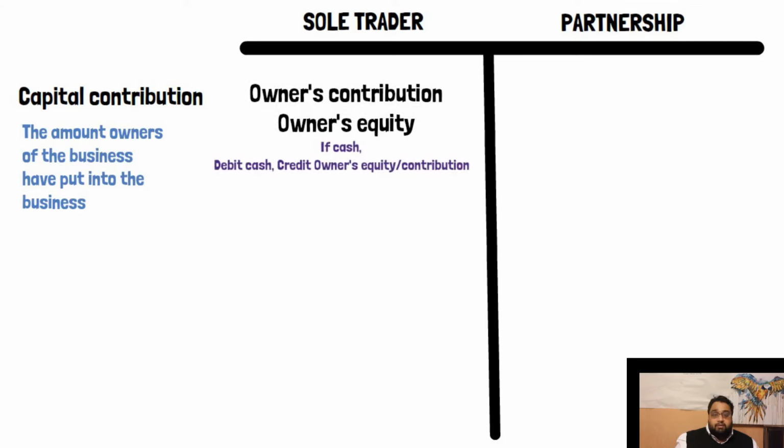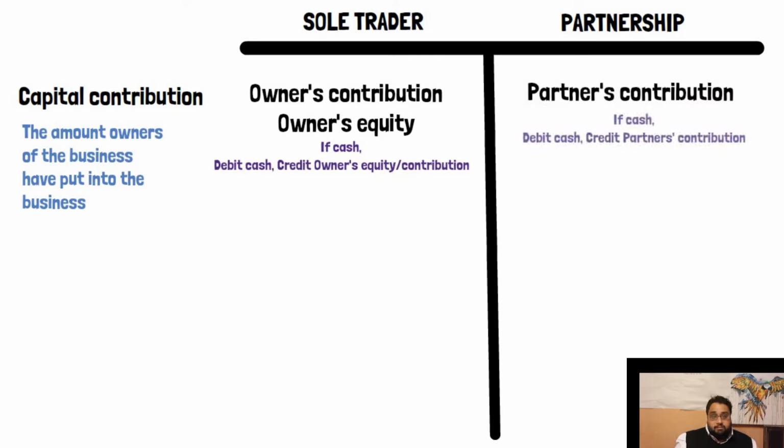And the way we deal with it, if it's a cash contribution, is we'd go debit cash because the company is receiving cash. We'd go credit owner's equity or owner's contribution. In a partnership, we call this partner's contributions. And you do a similar thing as you did for sole traders. You go debit cash, but this time you're going to credit partner's contribution.